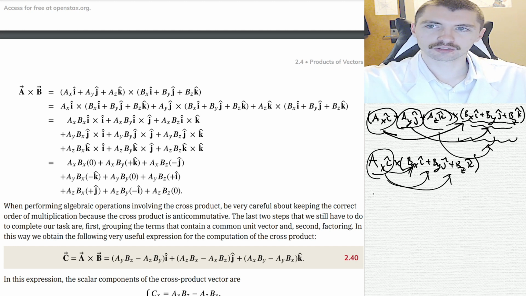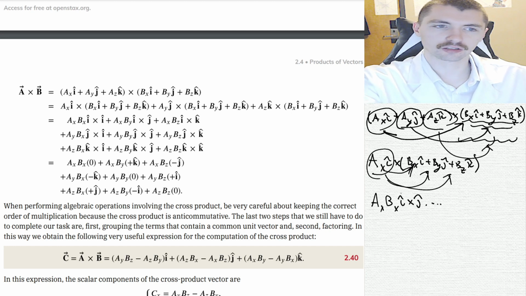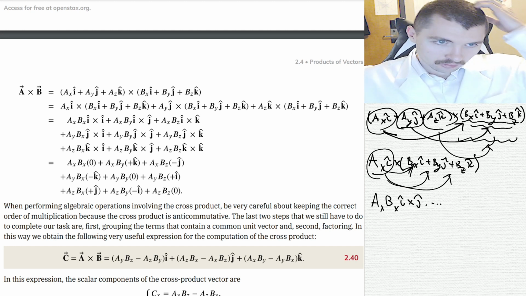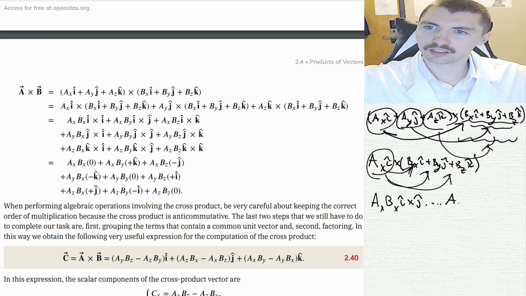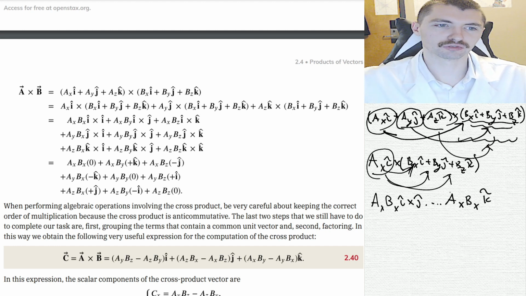So you're going to get AX, BX, I cross J, dot, dot, dot. And we know that has to be AX, BX, K hat, given the previous rules.